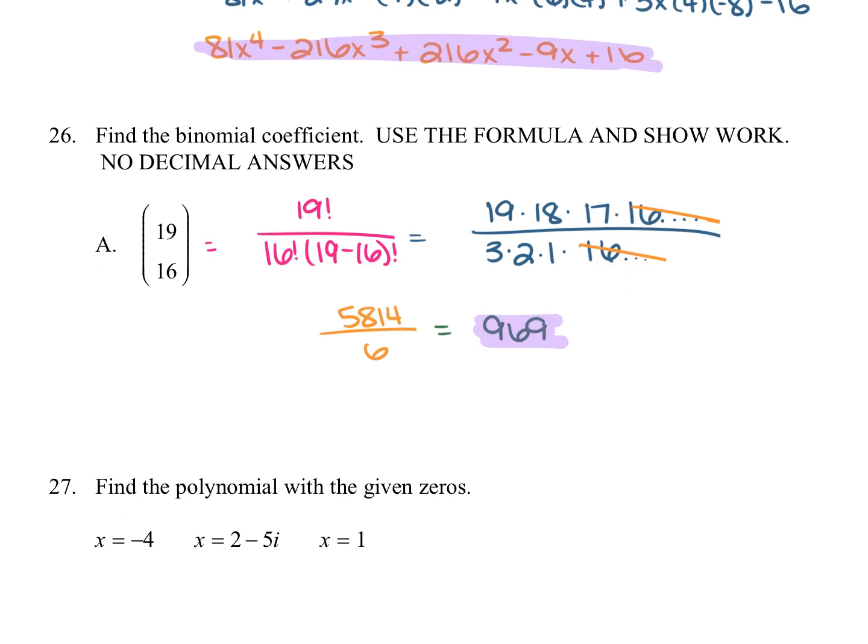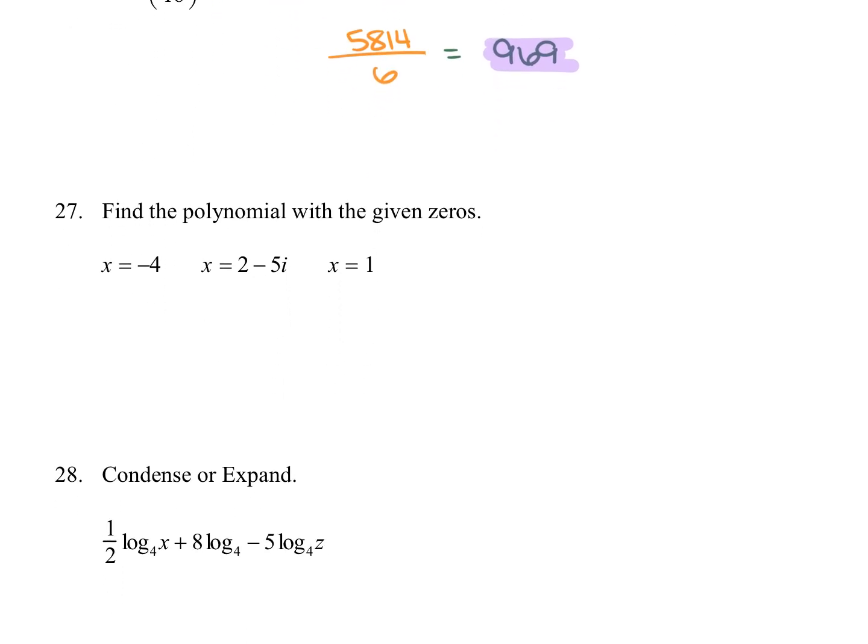Next one we're going to look at, we are finding the polynomial with the given zeros. This is number 42 from your review. So we are going to look at every zero that is possible. So we have that -4, we have 2 minus 5i, and 1. This also means that we also have 2 plus 5i, so you want to include that as well.